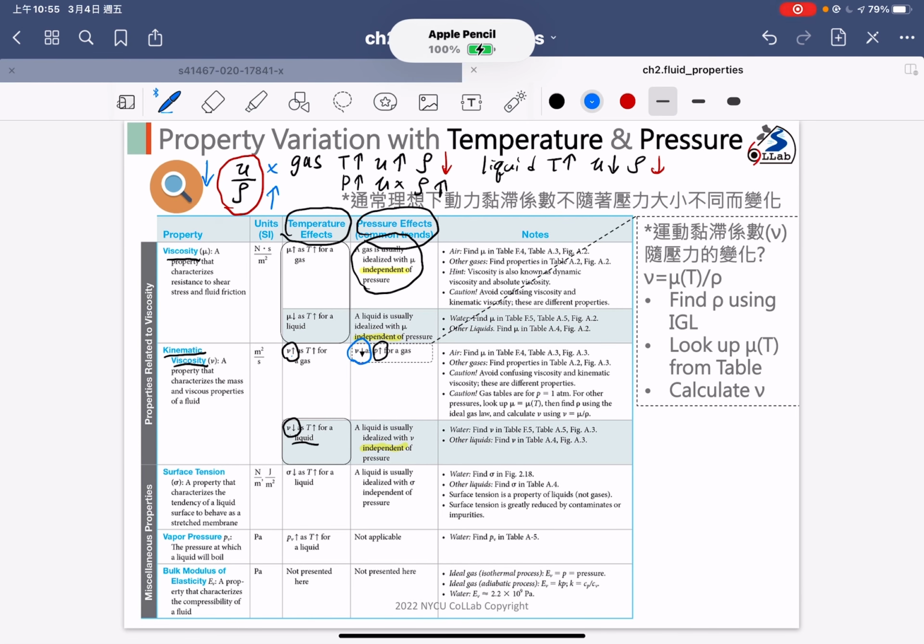a little bit complex, but you need to keep in mind how some properties change with the temperature and the pressures, and especially the gas and the liquid may be different. Okay, so you need to figure it out by yourself. And then the following are the surface tension and the vapor pressure, and the final one is the bulk modulus.